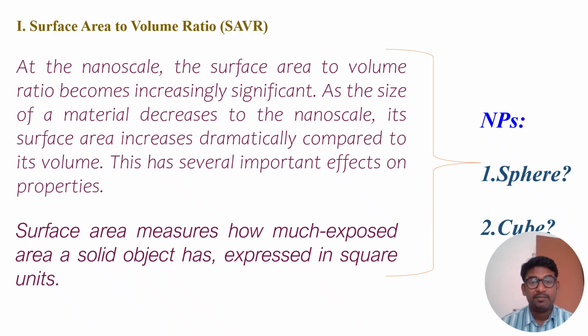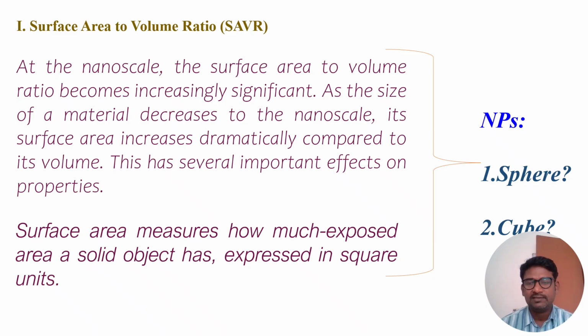Surface area measures how much exposed area a solid has, which is always expressed in square units. Say, for example, let us try to understand the surface area to volume ratio effect mathematically with two examples, namely sphere and cube.